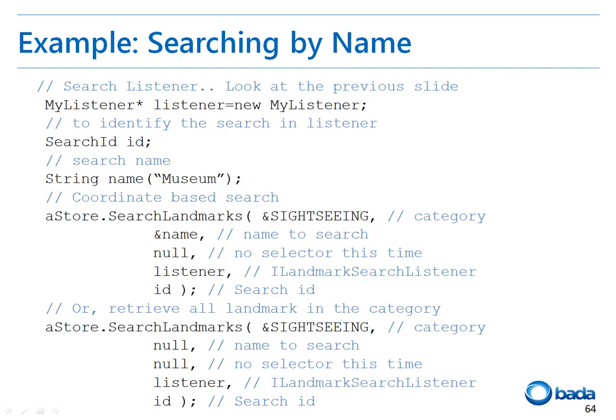Additionally, to acquire all the information, null is specified as the selected parameter. Then, the listener is passed and the search ID is acquired. As a result, all landmarks that have the name museum in the sightseeing category are acquired. Alternatively, if null is specified as the name, all the landmarks in the sightseeing category would be acquired.